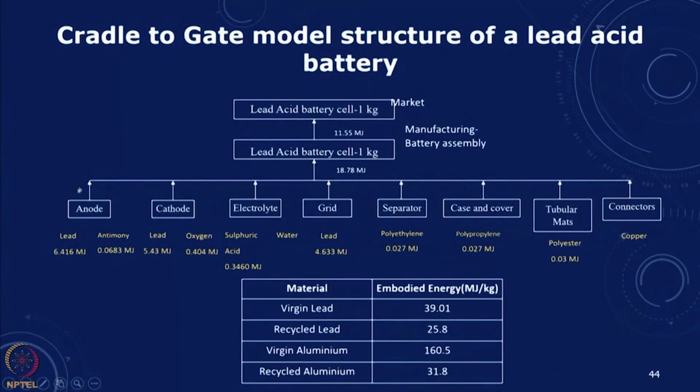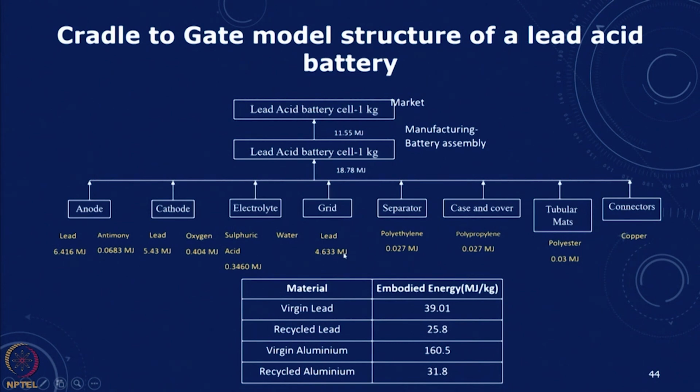We were looking at a particular amount of electricity being generated, and if we look at it by weight, for 1 kg of a lead acid battery cell, the battery assembly has anode, cathode, electrolyte, and you can see the amount of different materials there.